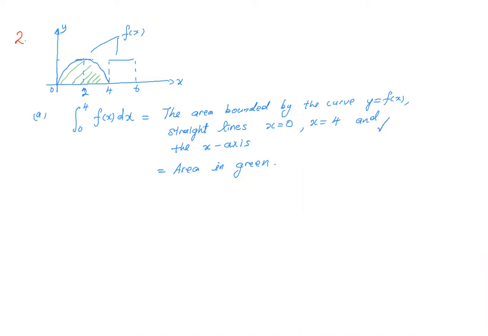Okay, so what is the answer? They tell you that is a semicircle. So I will have half pi r squared. So it's half pi, the radius is 2. So it's 2 pi.